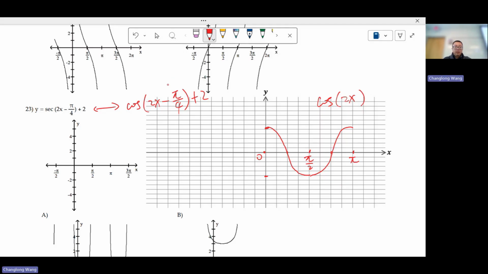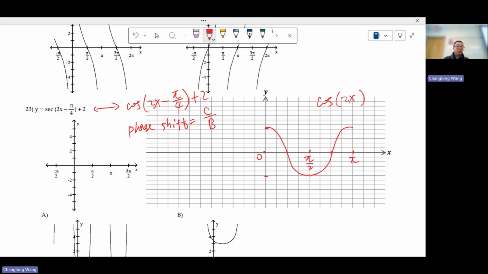But now what about the phase shift? It is to the right, but by how many units? All right, so the phase shift is, if you remember, C over B, right?